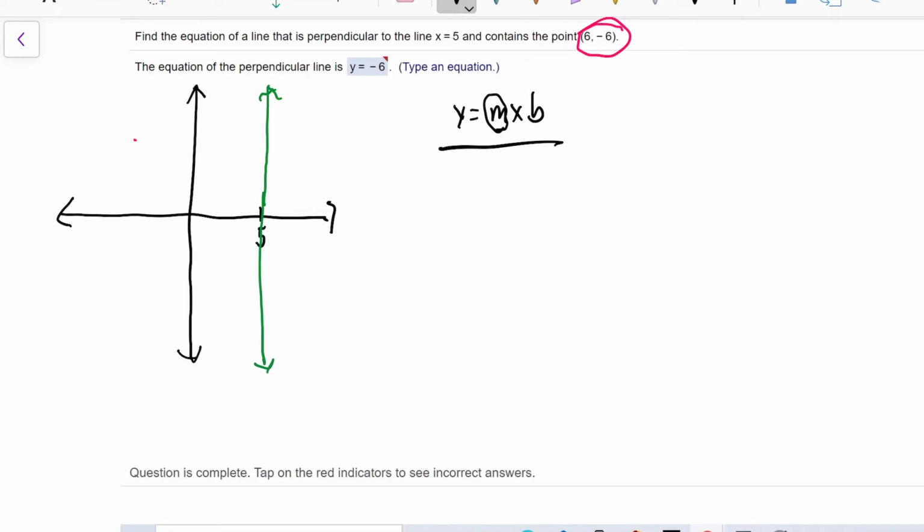So to find the slope with this one, we also know that a slope means rise over run, right?